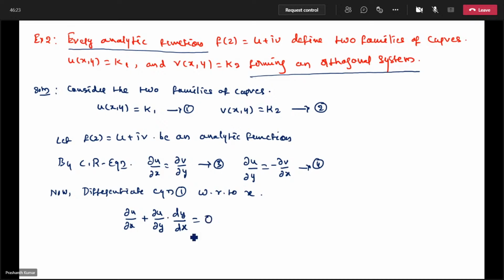Total derivative, this is what we consider. So from this one, I will write dy by dx is equal to minus dou u by dou x by dou u by dou y. This is equal to some number.